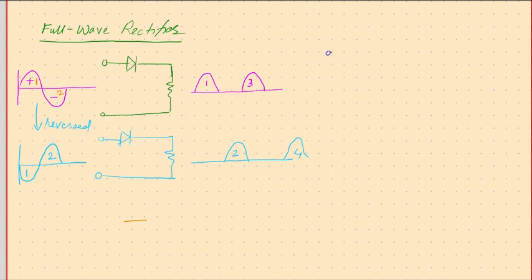So this is our one circuit which gives output for all odd half cycles, and this is the one which gives output for all even half cycles.